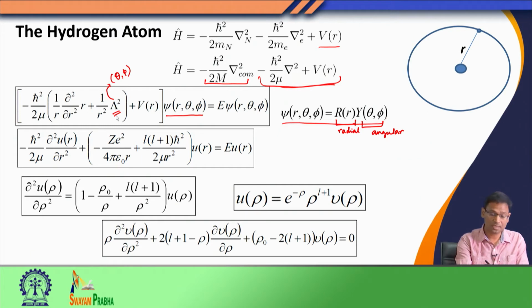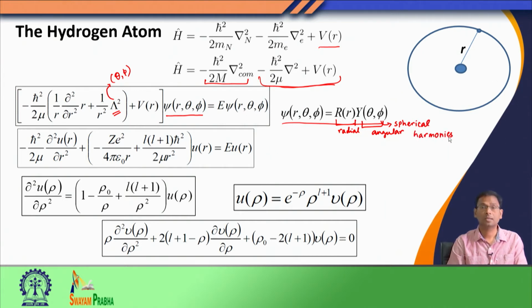We see that this is the lambda square operator, which is closely related to L square, the orbital angular momentum operator. So, therefore, the angular functions that we should take can be the spherical harmonics. They are simply the eigenfunctions of the L square operator.